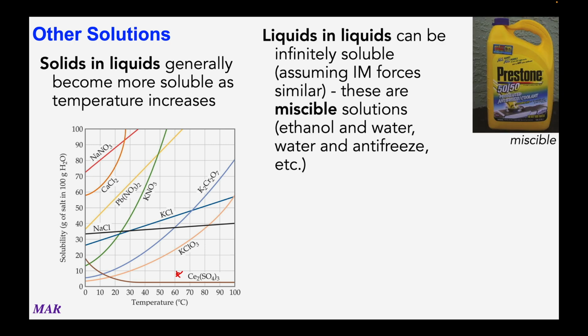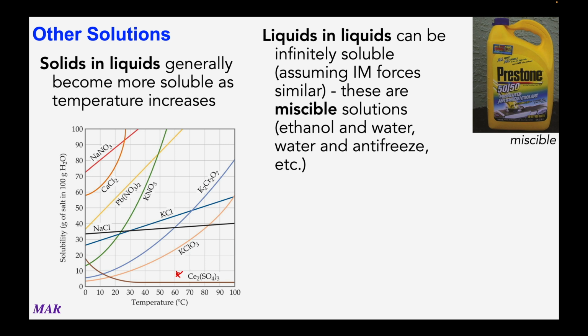Liquids in liquids can be infinitely soluble if they have similar intermolecular forces. So, for example, water in ethanol, water in acetone, all these similar things, if they're liquids, they should be able to dissolve almost forever. They're considered to be miscible. Miscible is a term that means that they get along really, really well.